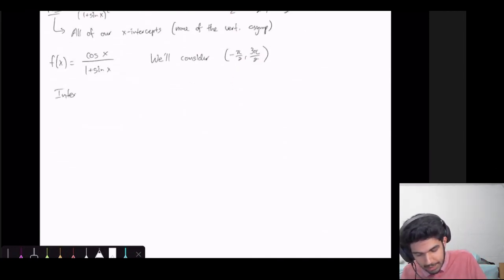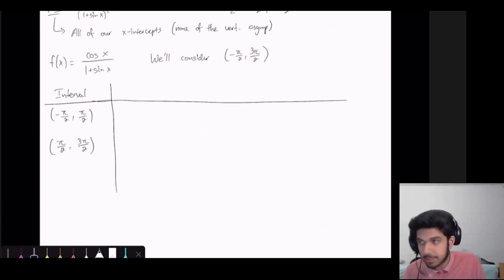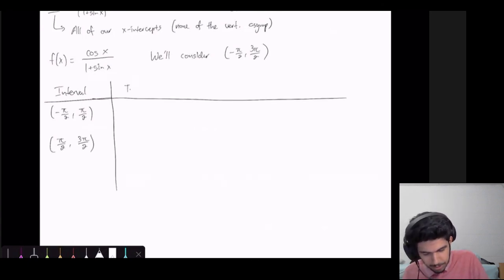So we will create our chart, and I'll just write the intervals first that we're going to break it up on. 3 pi over 2. So those are the intervals we're going to work with. And again, we'll do a very similar thing to before. We'll choose our test value.